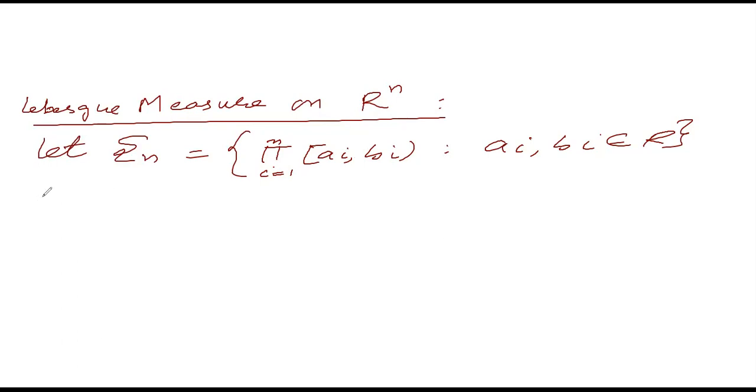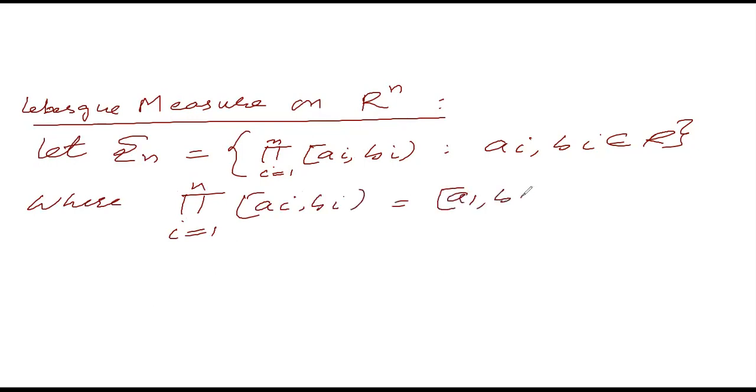So where this product, i runs from 1 to n of [ai, bi), is the product of n copies.